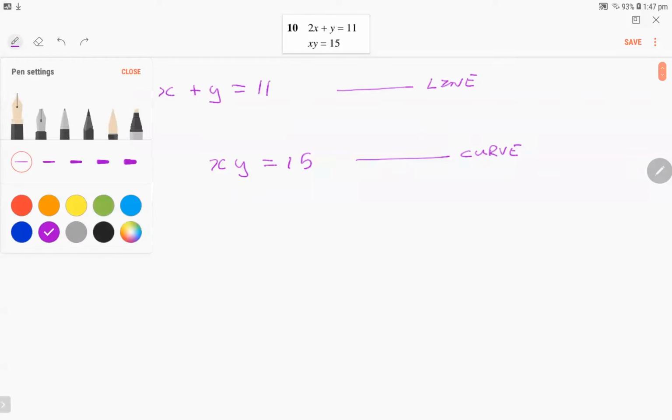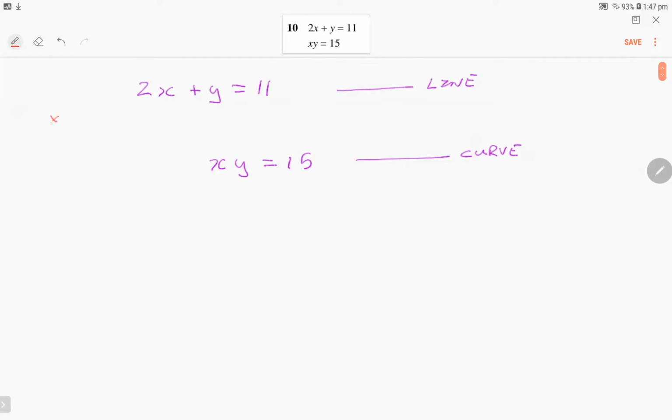To generate the xy up there, I'm going to multiply this first equation by x. When I multiply the first equation by x to generate the xy, I get 2x squared plus xy equals 11x.